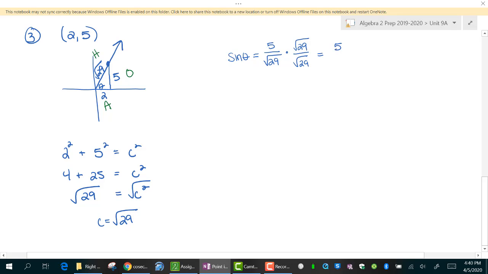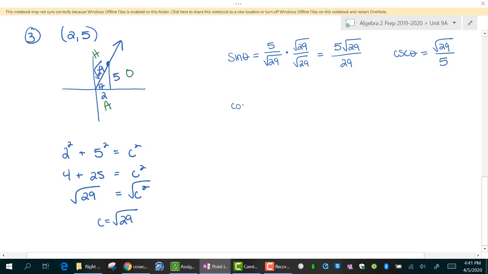So in the numerator, I end up with 5 root 29. And the denominator, root 29 times root 29 is just 29. And then I'm going to do cosecant next. So the reciprocal, instead of 5 divided by square root of 29, it's just square root of 29 over 5.